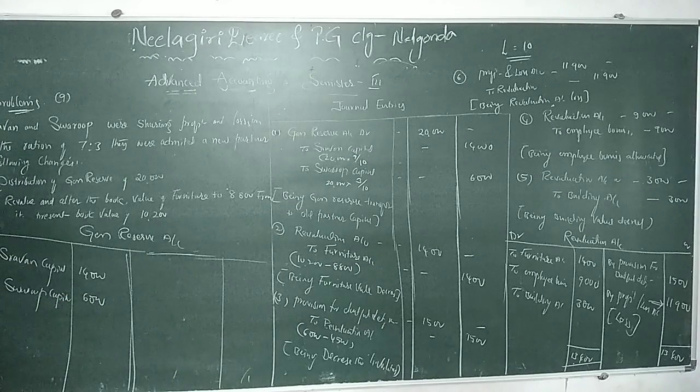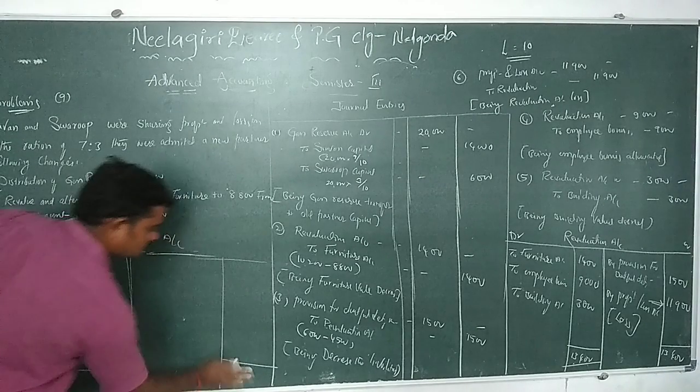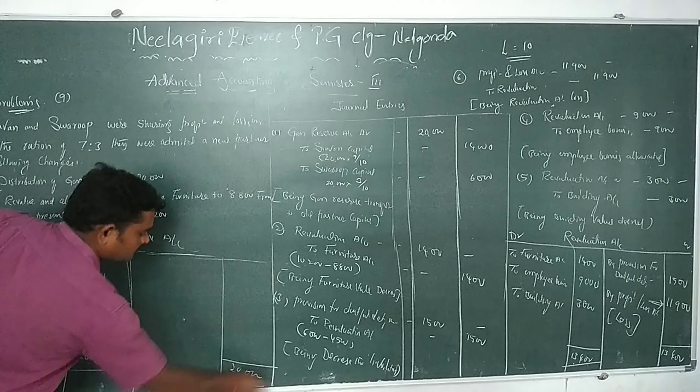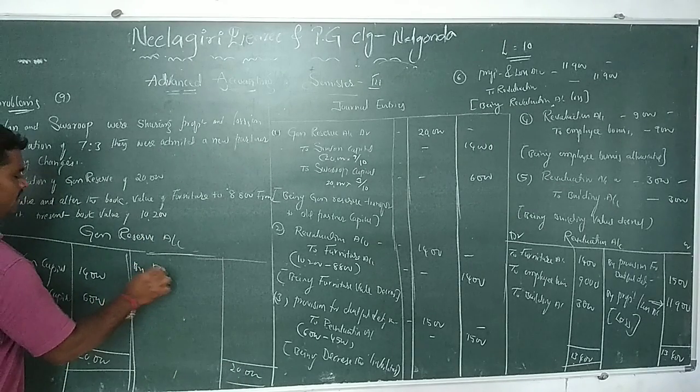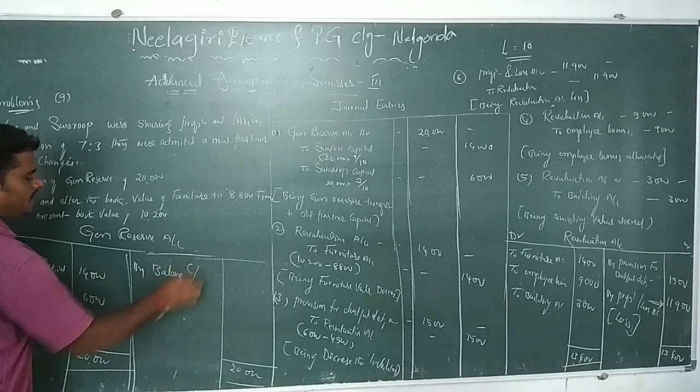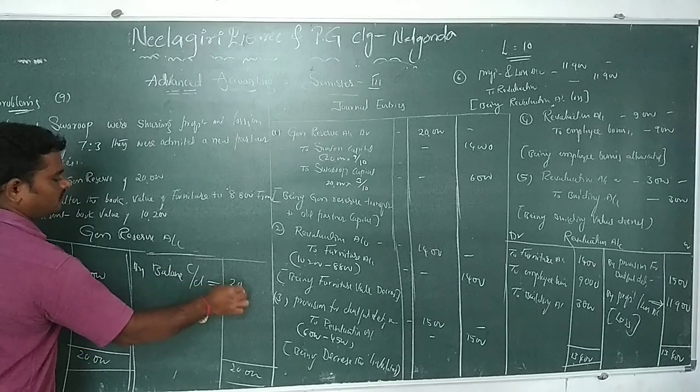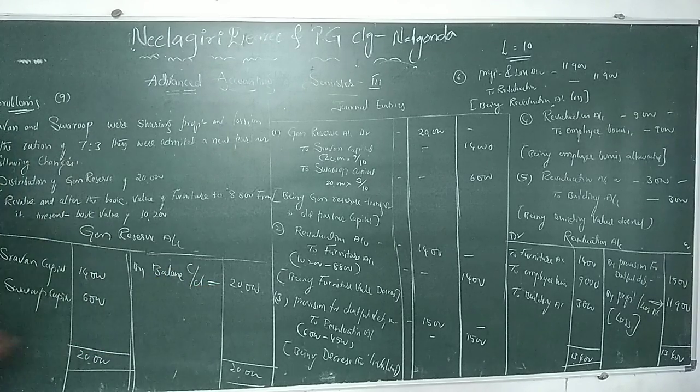Only two entries in the general reserve account: 20,000 on one side, and the balance carried down 20,000.